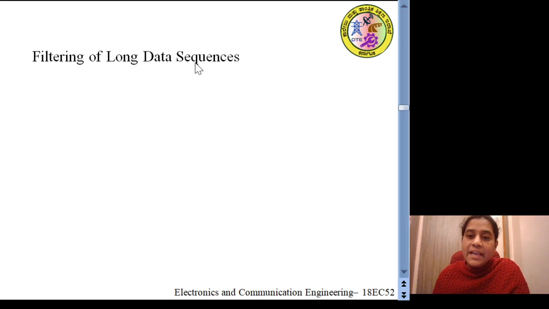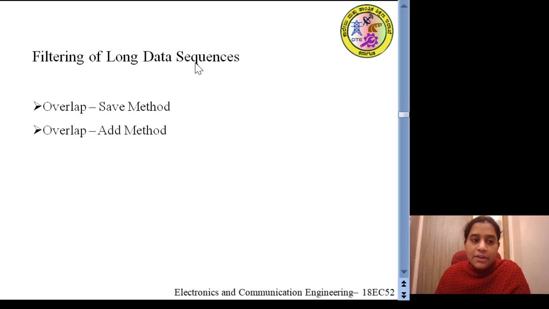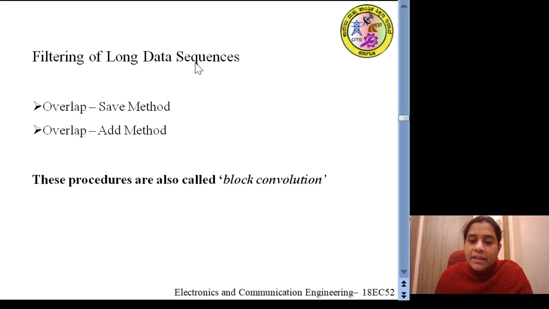Now let us take the overlap save method. As we know, there are two approaches for filtering of long data sequences: the overlap save method and the overlap add method. In both methods we segment the input into blocks and proceed with further procedures.